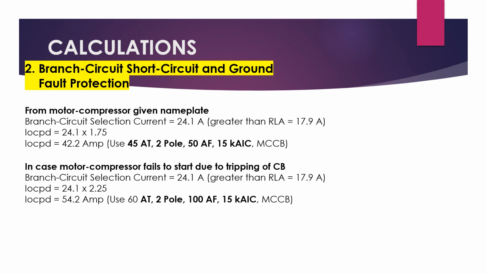So in this case, using the standard breaker rating, we have to use 60 ampere trip, 2 pole, 100 ampere frame, and again a temporary value of 15 kAIC, until later it will be confirmed by short circuit calculations, and also MCCB.